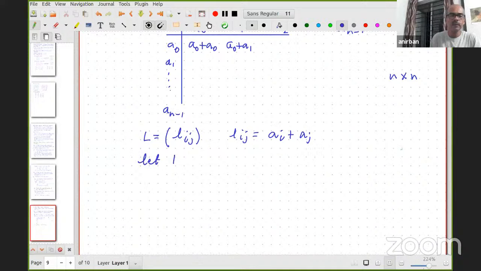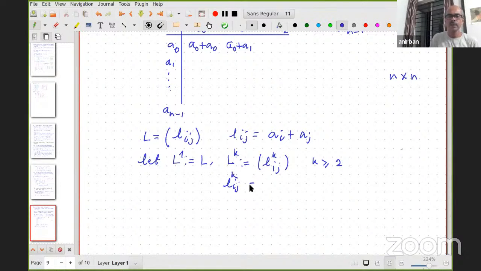Now let L1 be L, and L_k is defined, for k greater than or equal to 2, with entries l^k_ij equal to a_i plus a_k times a_j.